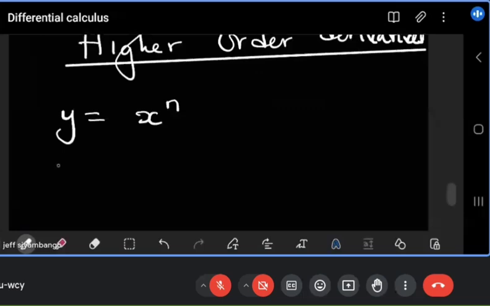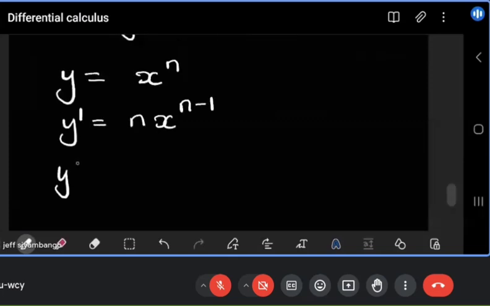When you get its first derivative, I'll use prime now. We did discuss that a prime can also be used to mean dy/dx. So when you differentiate this the first time, n comes down and multiplies x. What happens to the power? It reduces by 1.